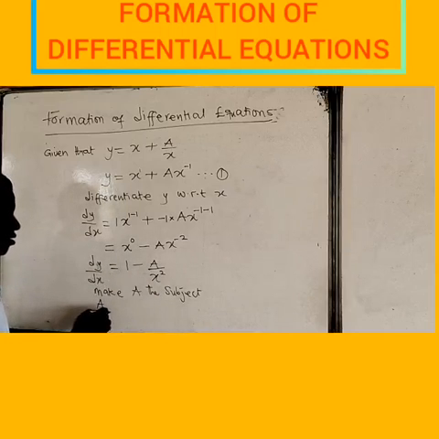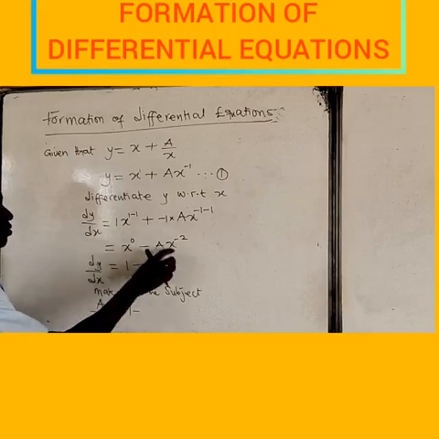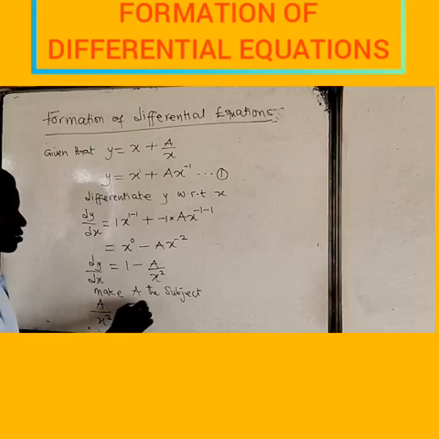So we have a over x squared equals 1 minus, first of all, send the dy dx to the right hand side. So we have 1 minus dy dx.